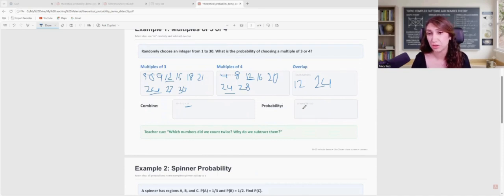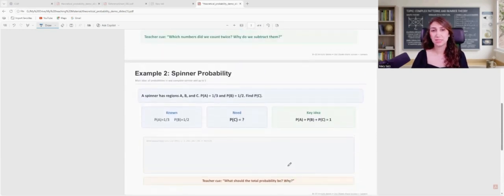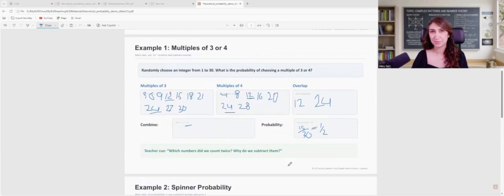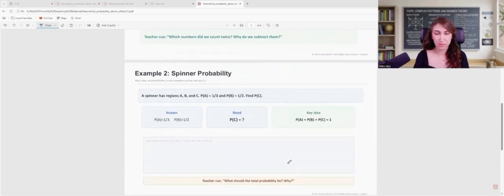Yes, 15 over 30, which simplifies to 1/2. Is there any question for this example? Okay, let's go for the second example.